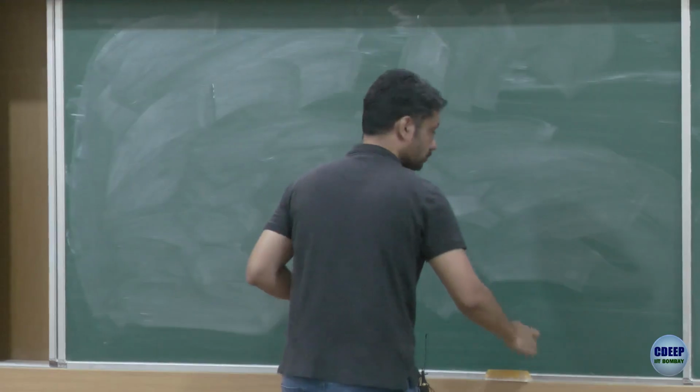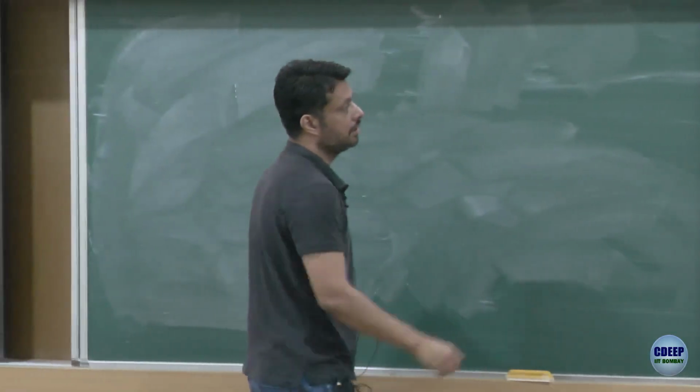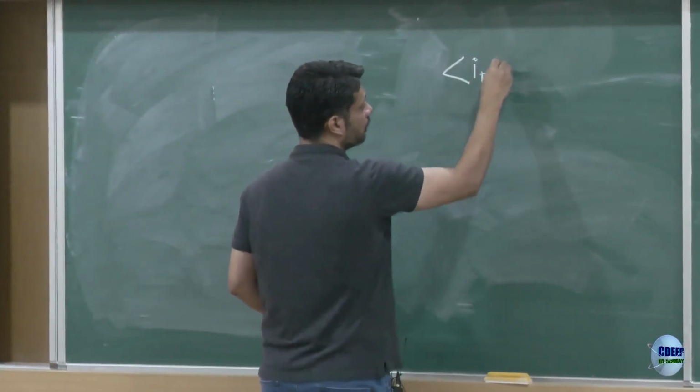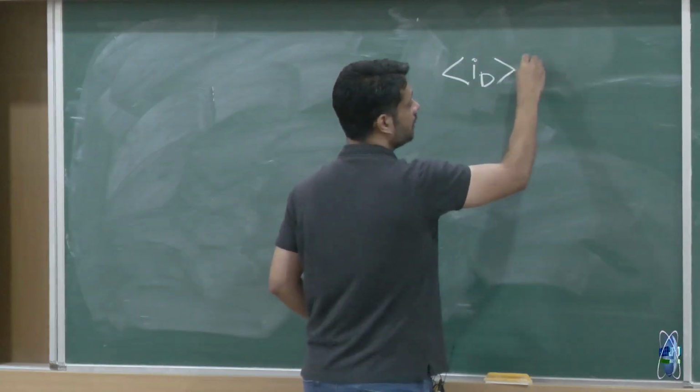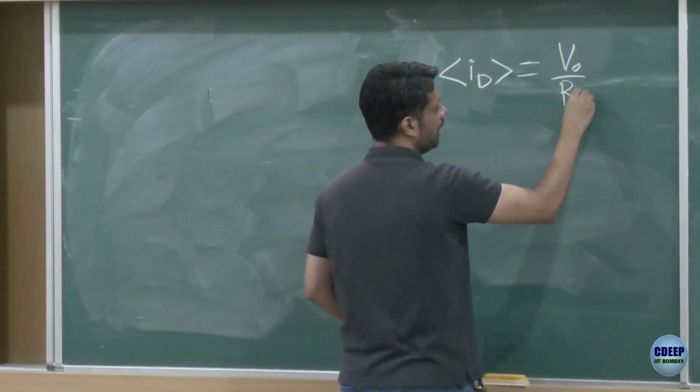Let me still refer to this circuit here, and I am writing equations here. In this case the average diode current will be equal to the average load current, which is V0 by RL.